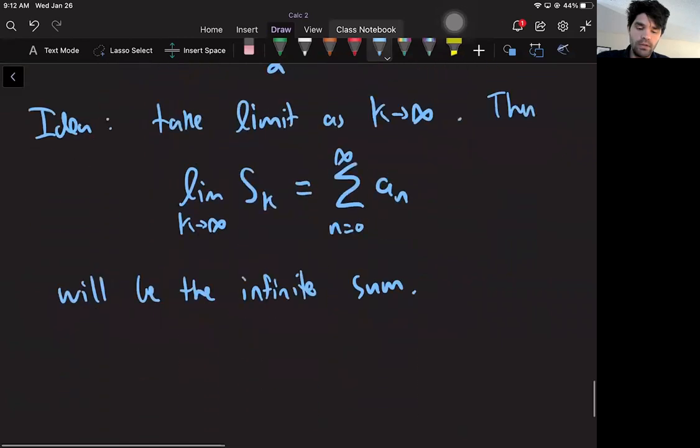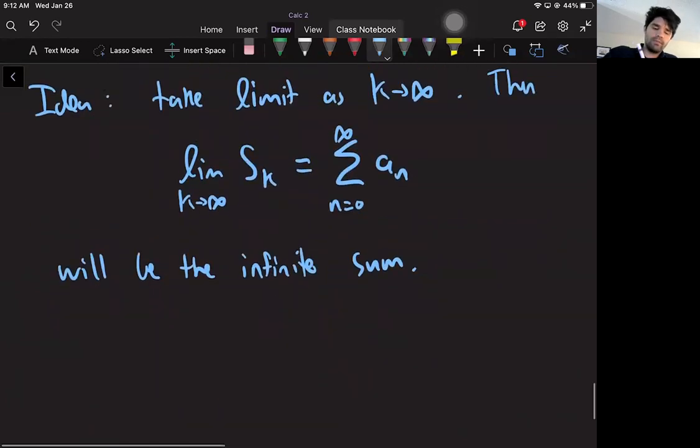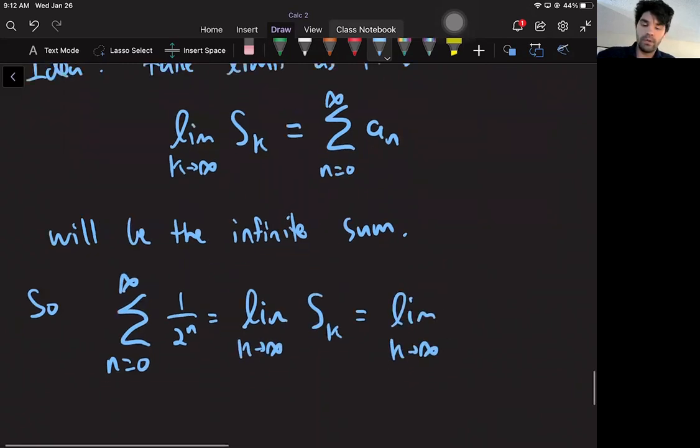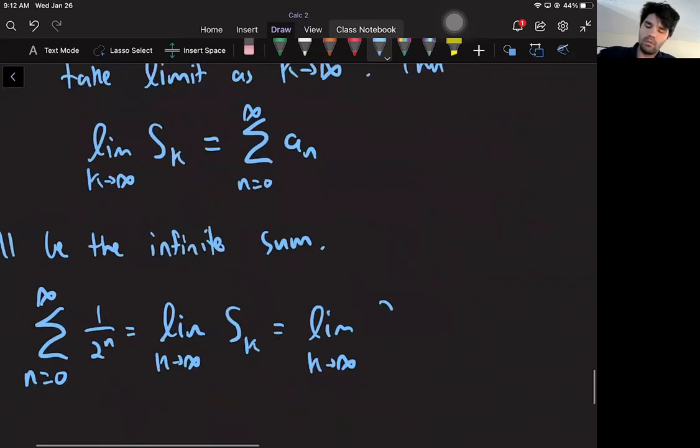All right, so I know how to do this limit in this specific example. So let's do it. So it's really this limit as k goes to infinity of the partial sums, which we have a formula for. And let's just put that in there.